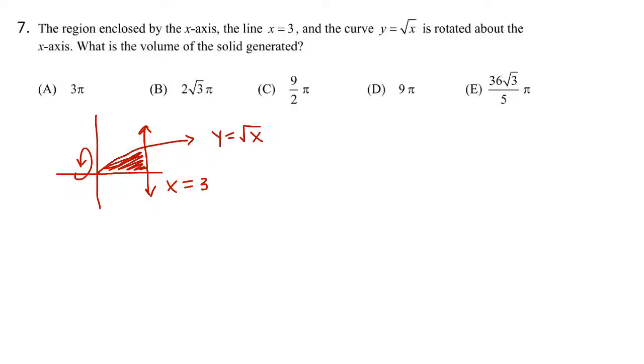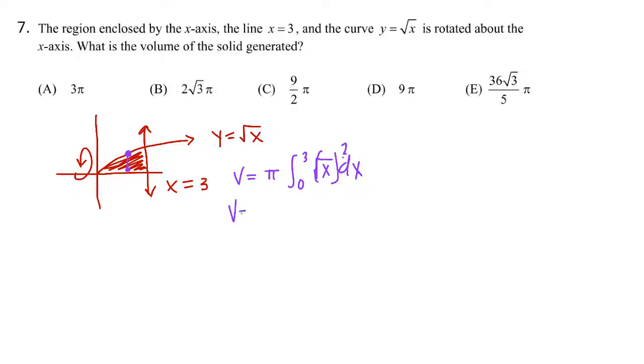So we do need to set up here, and it doesn't look like we're going to have a little r. It looks like we are flush with our axis of rotation. So we just have big R. So our volume is going to be pi times the integral from 0 to 3 of the square root of x, squared, dx.